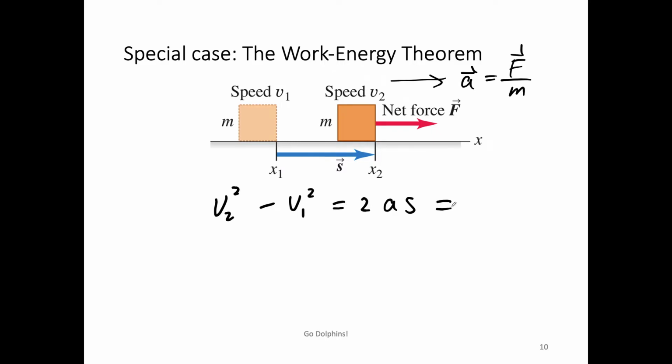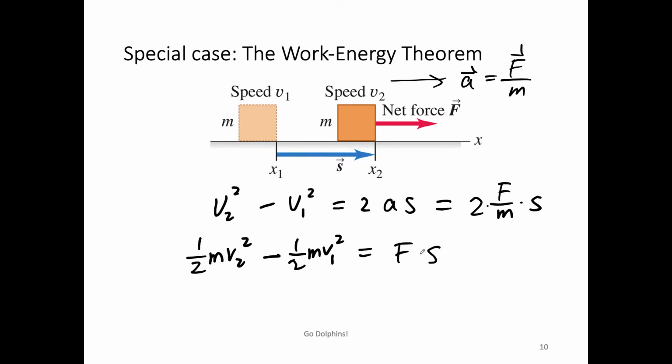Now I do know my a is F over m. I replace a by F over m, times s. Then in the next step, I multiply by 1/2 m on all terms. It's 1/2 m v2 squared, minus 1/2 m v1 squared, equals Fs.